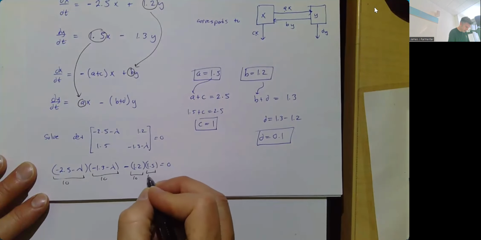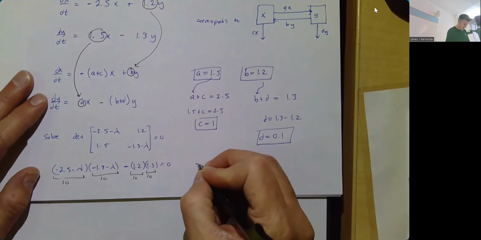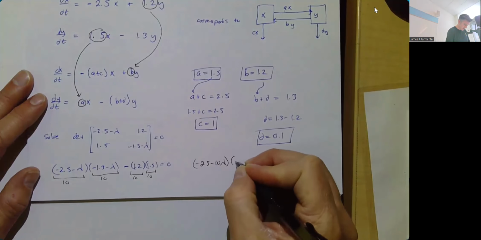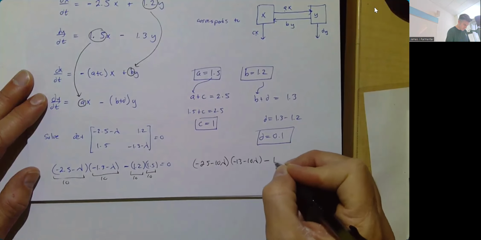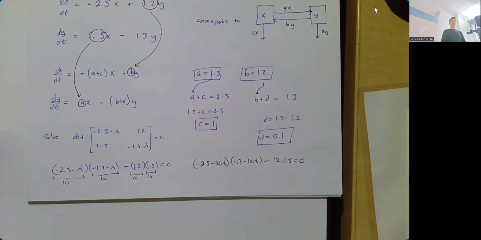It's totally okay to multiply an entire equation by a constant. So if I do that, now I have the equation negative 25 minus 10 lambda times negative 13 minus 10 lambda minus 12 times 15 equal to 0. I'm not saying it's 1,000% better, but it's a little bit better not to have to deal with all those decimals, at least in my head.